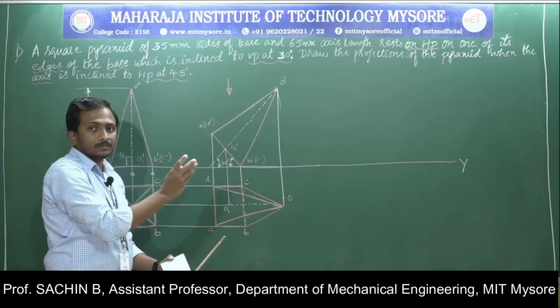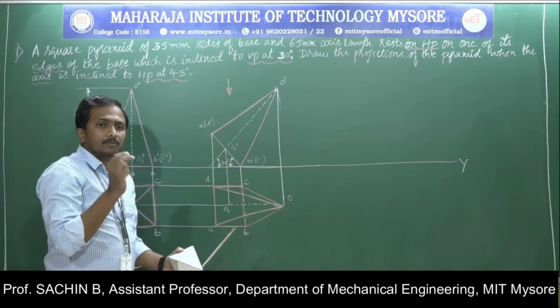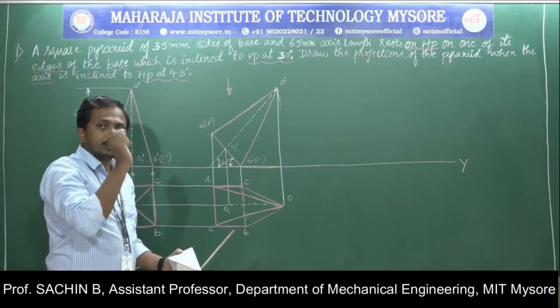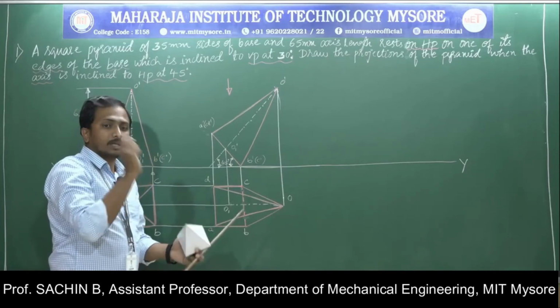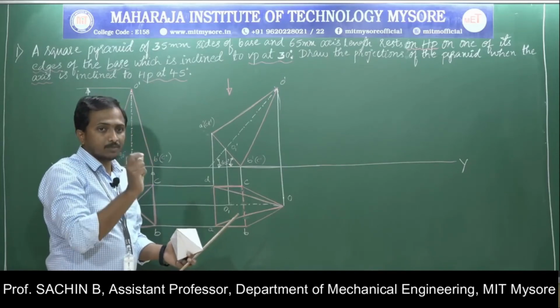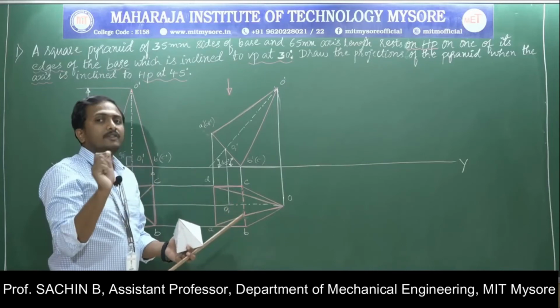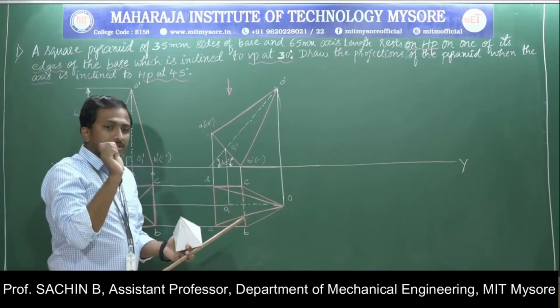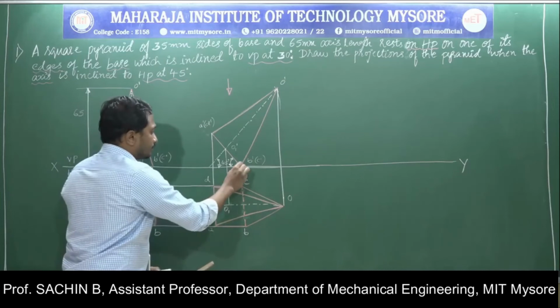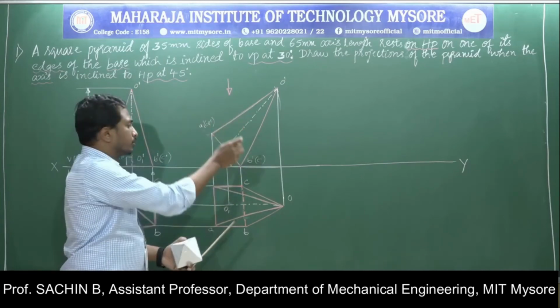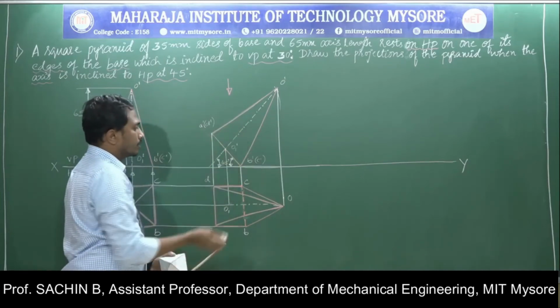It is also possible, because it is not clearly mentioned which edge is resting on HP. It is given that one of its base edges is resting on HP. Based on that, I rotated the object towards the right side of the solution.